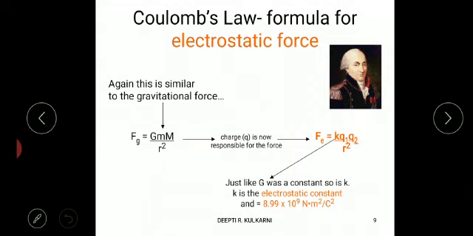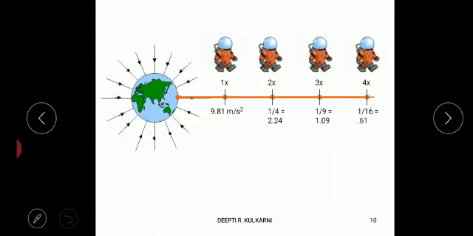Similarly, in Coulomb's electrostatic force, after removing the proportionality sign, we have to add one constant, that is k, called the electrostatic constant, and the value of k is 8.99 times 10 raised to 9 newton meter square per coulomb square.